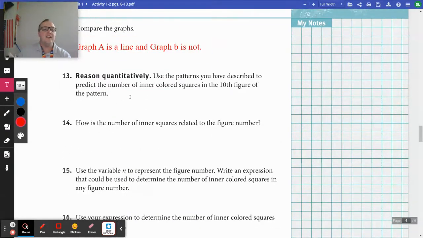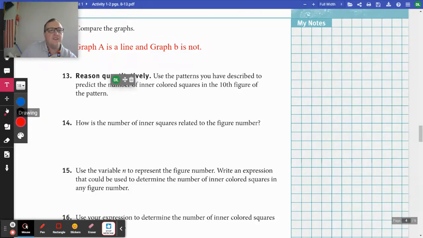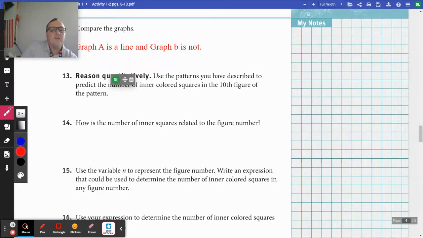The pattern is that our figure number equals n, and n squared is the expression.